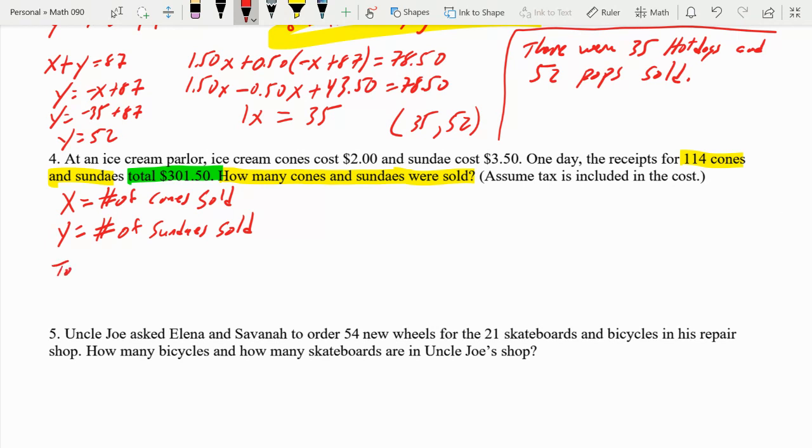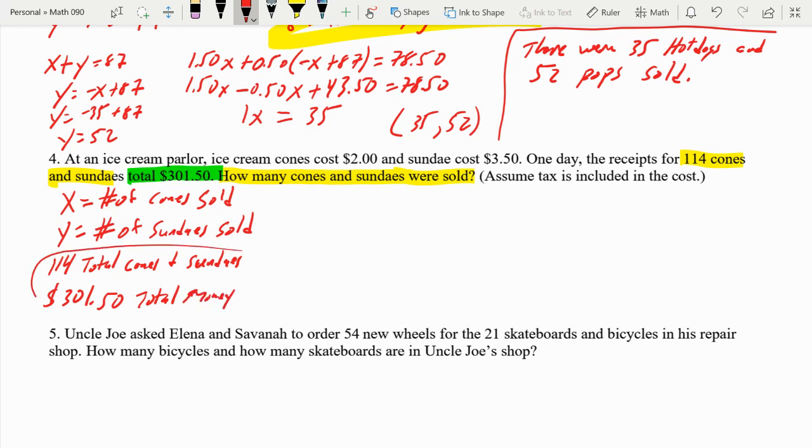So one of the totals was 114 total cones and sundaes, and then the other total was money, $301.50 total money. Okay, so we're going to use this to come up with our equations.